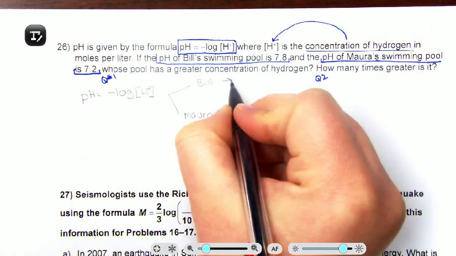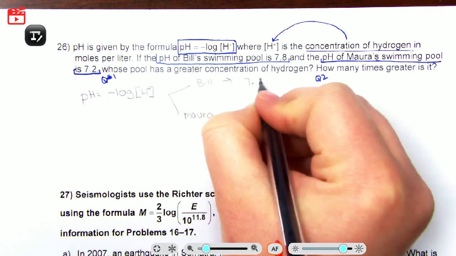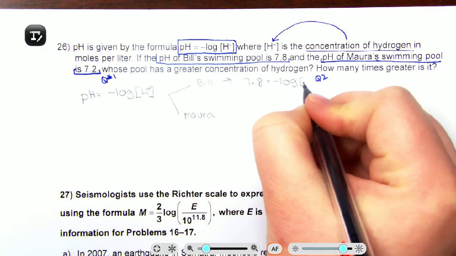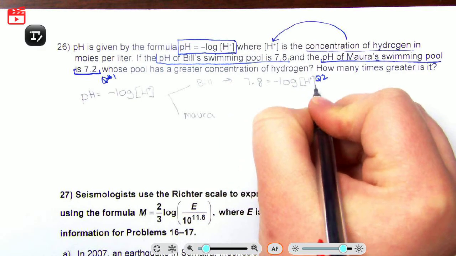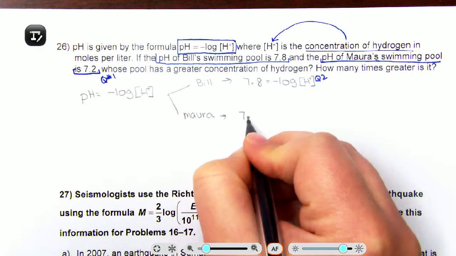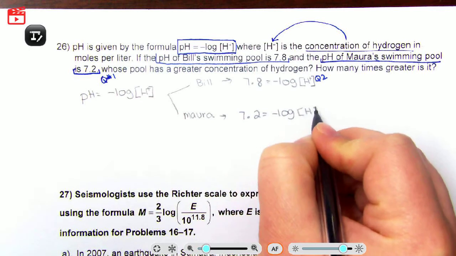Bill has a pH of 7.8, and we're asked what the hydrogen concentration is. Mara has a pH of 7.2, and again, we're asked what the hydrogen concentration is.